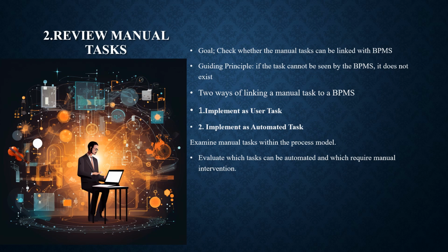First one, implement it as a user task. Second one, implement it as an automated task. Implement as a user task: if the participant involved in the manual task can notify the BPMS of the task completion using the work list handler of the BPMS, then the manual task can be turned into a user task.